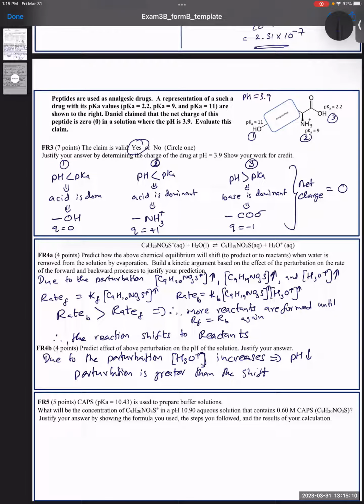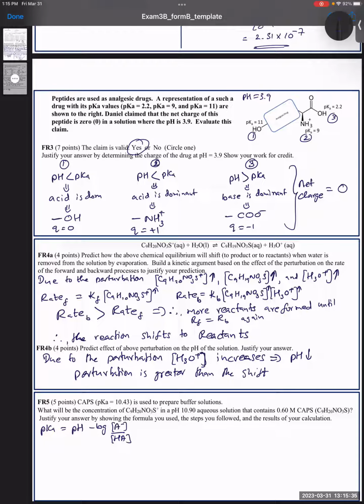You are given the pKa of a certain compound, which is used to prepare buffer solutions. When you say buffer, you know that the equation that comes to our mind is pKa is equal to pH minus log A minus concentration over HA concentration, the Henderson-Hasselbalch equation.